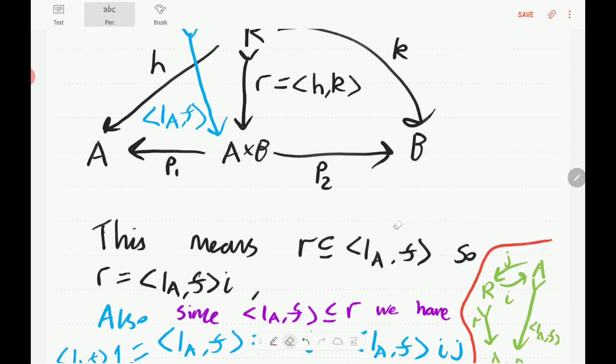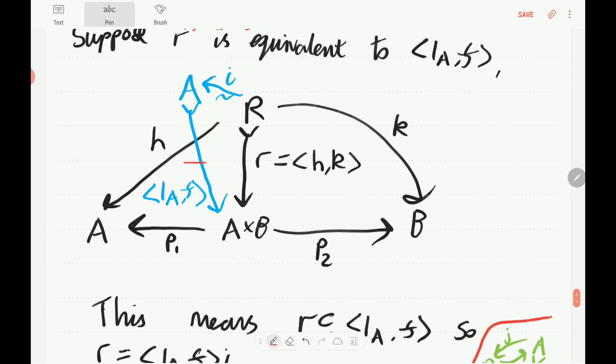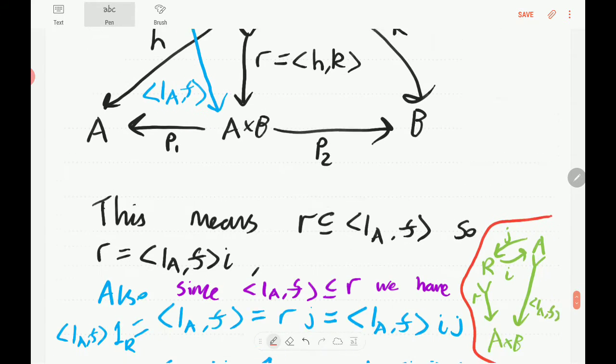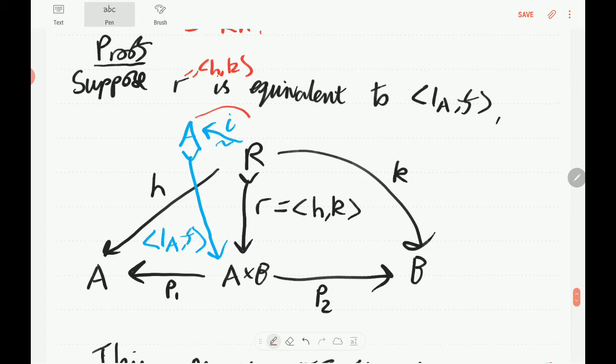Okay, that's what I mean by the graph of F. So to say that R is in the graph of F, we mean that R is equal to identity A comma F after I. And also, to say that the graph of F is in R, we have that identity A comma F is equal to R after J, where J is some arrow going the other way.